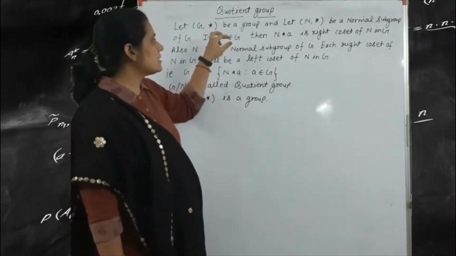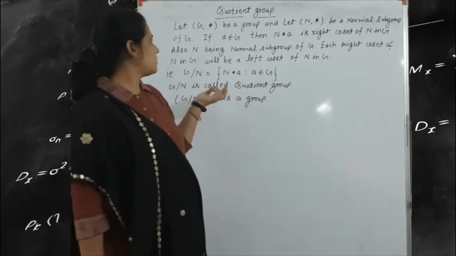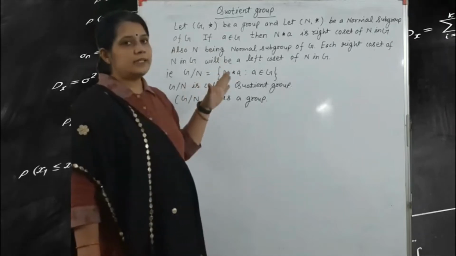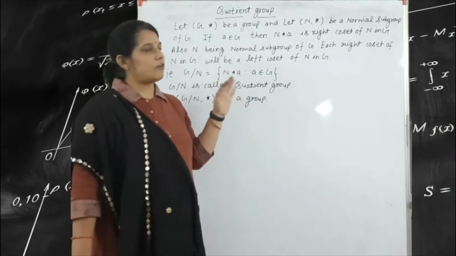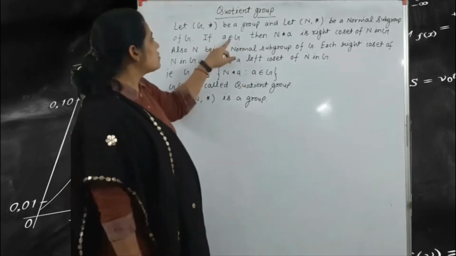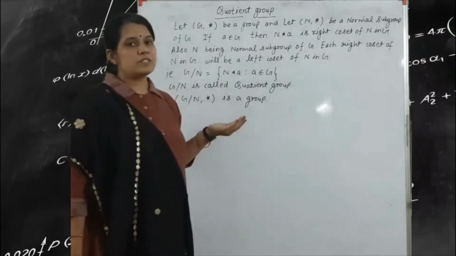That means the left quotient and right quotient both are satisfied according to N star. So if A belongs to G, then N star A is the right quotient of N in G.